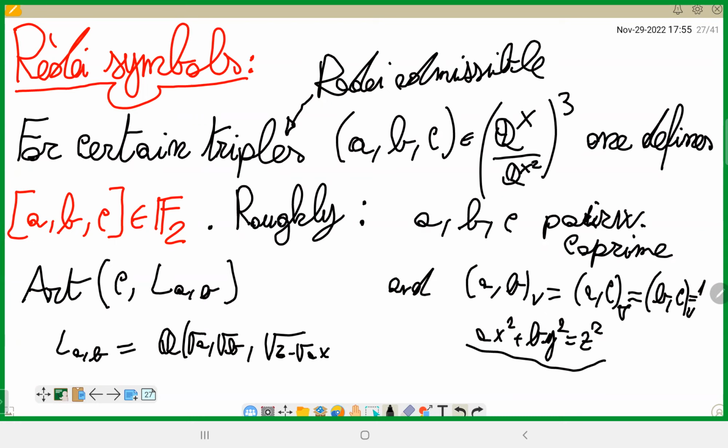That's typically a D8 extension. And for A, B, C pairwise coprime, okay, the Rayleigh symbol is defined also when they're not pairwise coprime, but in this special case, which is enough for us, it's essentially the Artin symbol of C in a field depending on A and B.